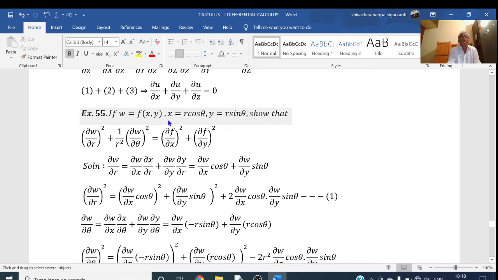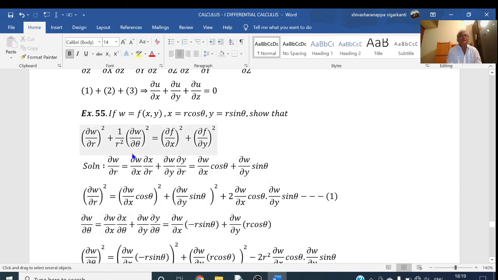If I differentiate with respect to theta, r is a constant quantity, the derivative of cos theta is minus sin theta, that is minus r sin theta, plus dou w by dou y into dou y by dou theta. y is r sin theta, I have to differentiate with respect to theta. So dou y by dou theta equals r constant as it is, the derivative of sin theta is cos theta, that is r cos theta.